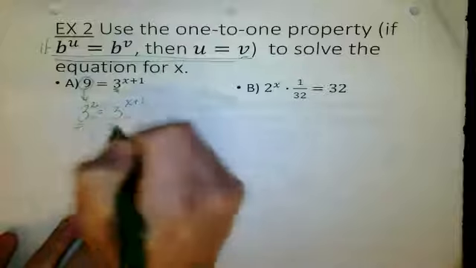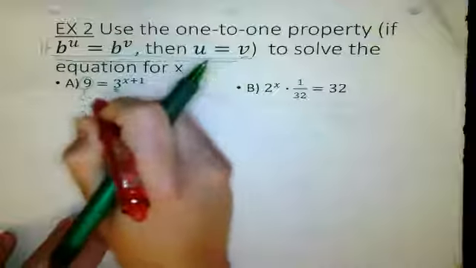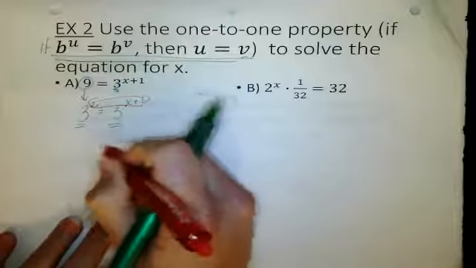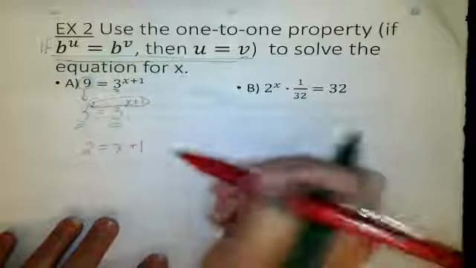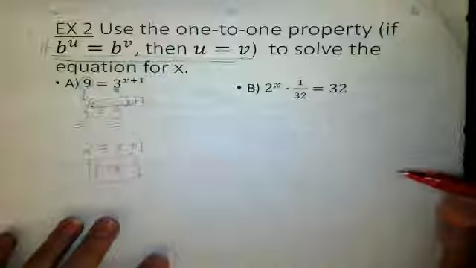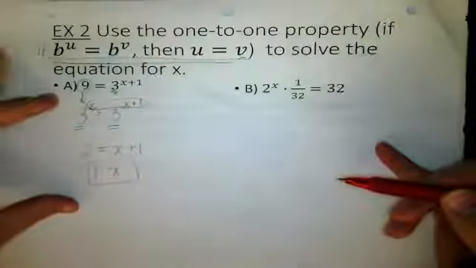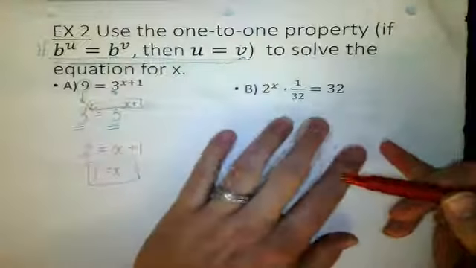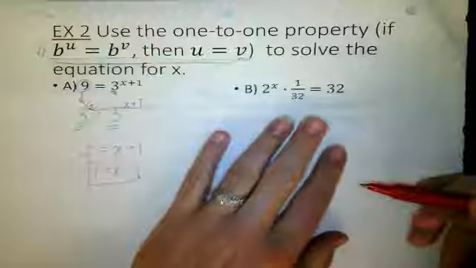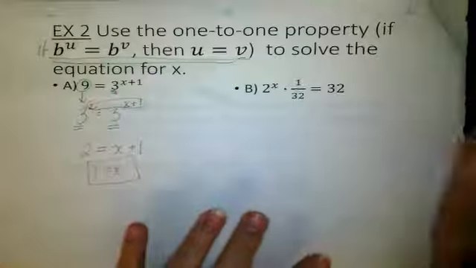So now, since the bases match, what must be true? The exponents must match. So 2 must equal x plus 1, which means x equals 1. Brilliant, folks. Today's are real easy like this. Tomorrow we get to do some real fun stuff. Like this is easy. Tomorrow's is super awesome.